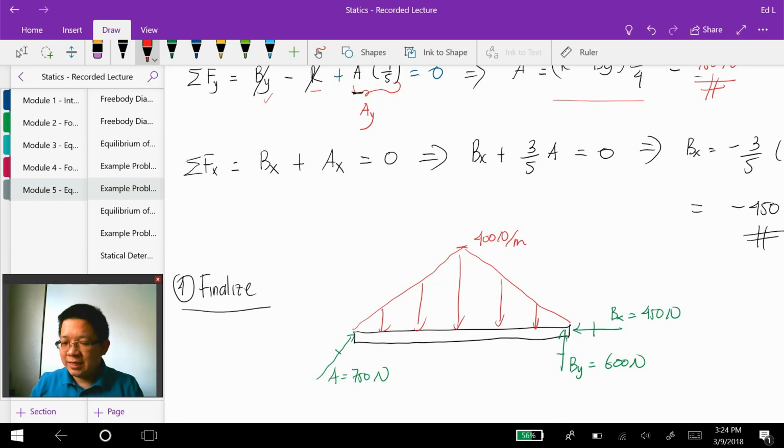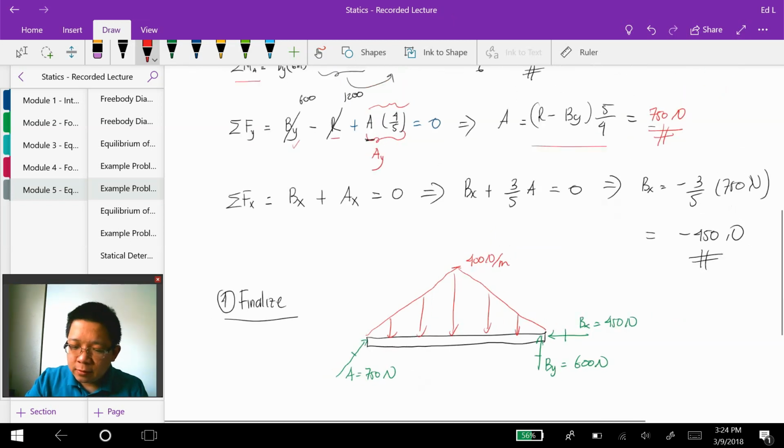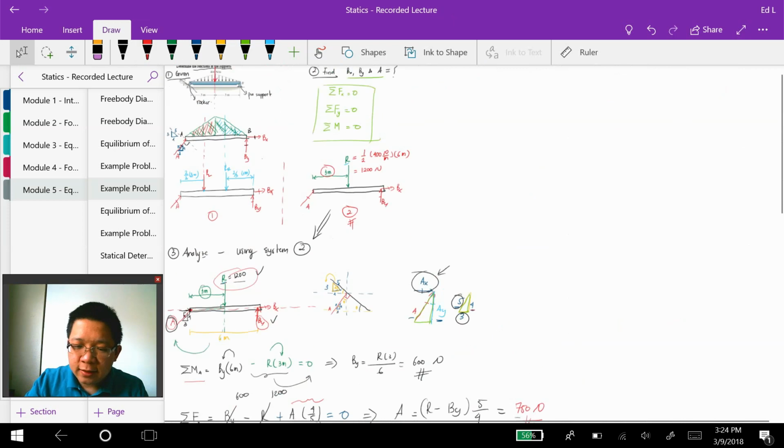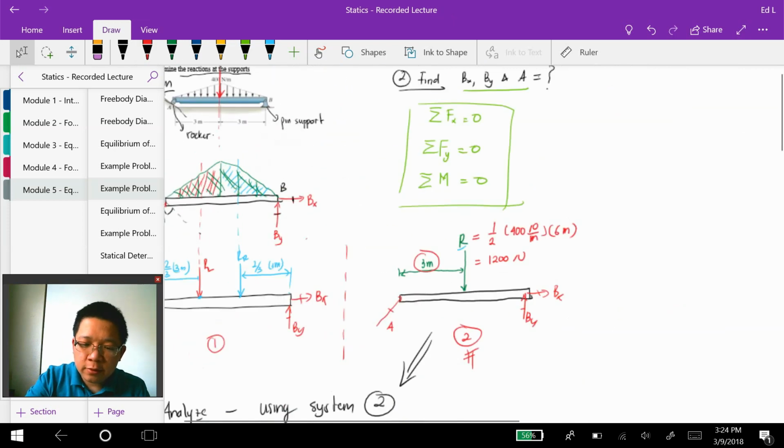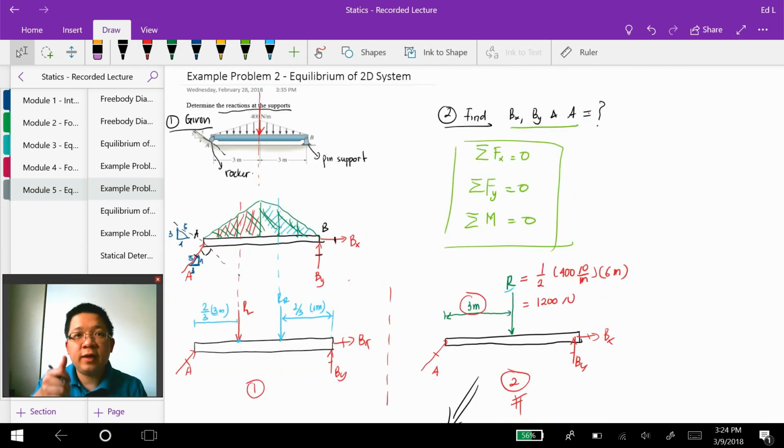All right, let me review it again. We start by identifying the supports and the reaction forces corresponding to those supports, and then we simplify the distributed forces to calculate the resultant and its location from a certain point on the beam. There are two options.